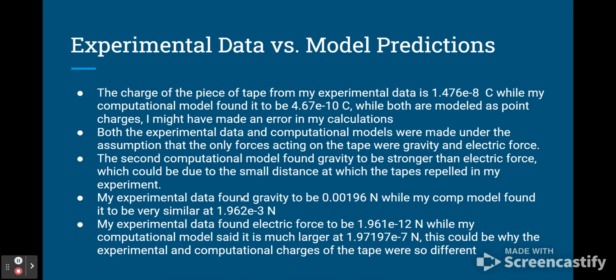My experimental data and my computational model found gravity to have the same value, but the electric force was much smaller in my experimental data than it was in my computational model, which could be why the charges I found experimentally and computationally were so different.